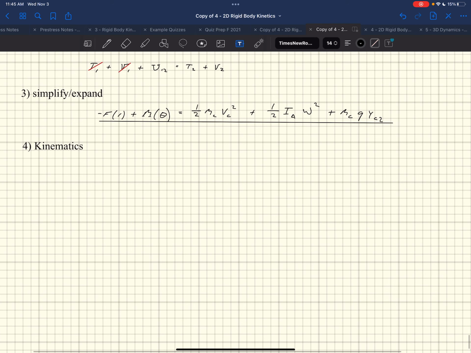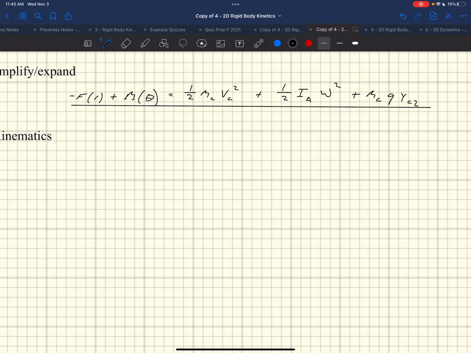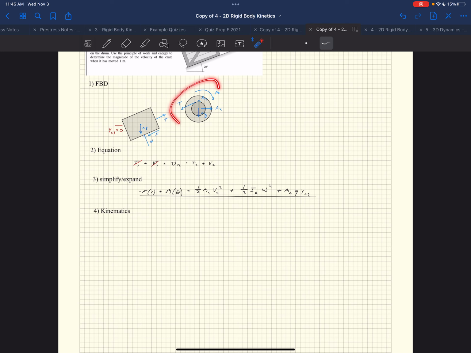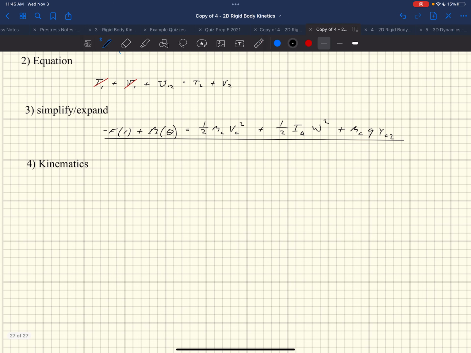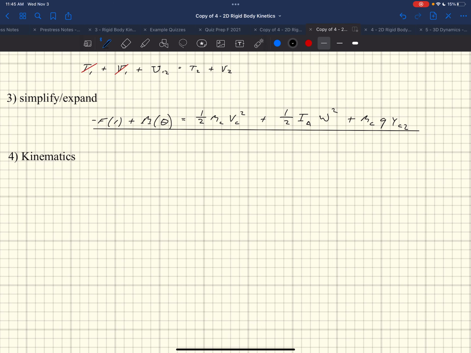Kinematics. Okay, so this thing is just turning, so it's not necessarily a rolling wheel, but it is just turning around a fixed point. And so we could say that the distance 1 is equal to r times theta. Right? Kind of the circumference.